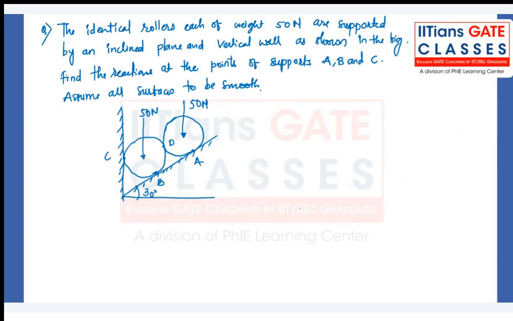Okay, solve this question. First of all, think how the force system will look. Try to solve it in a smart way. Draw the free body diagrams, and then calculate the reactions at supports A, B, and C. I'll wait for 2-3 more minutes.